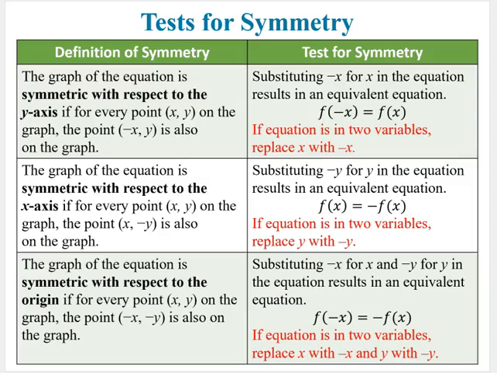So that means every point x, y will also have the point negative x, negative y on the graph as well. So if you were doing the algebraic test for that, you would take x and y, make them both negative, and when you clean everything up, it should still look like the exact same function that you started with.